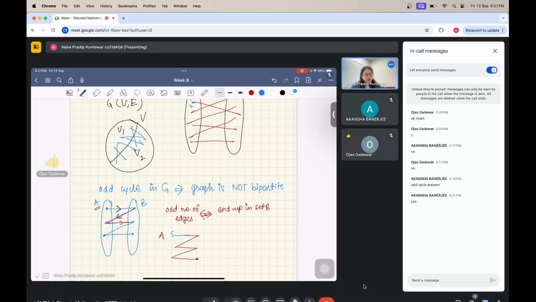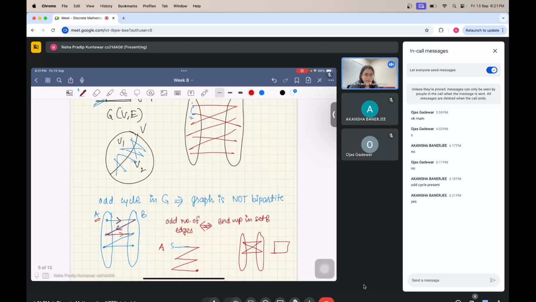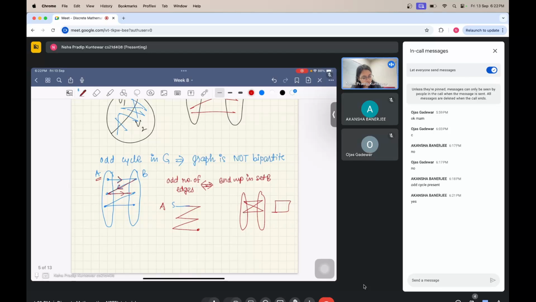Yeah, good. So why is that? You can see a simple example for this, which is this. If you just pull this out, this is nothing but a cycle of length 4. Maybe I'll not answer this, but I'll just pose a question to you.